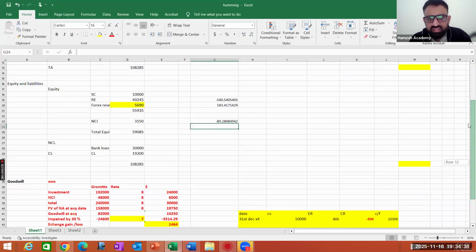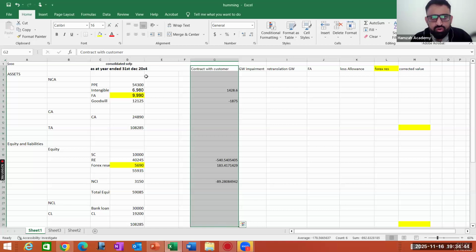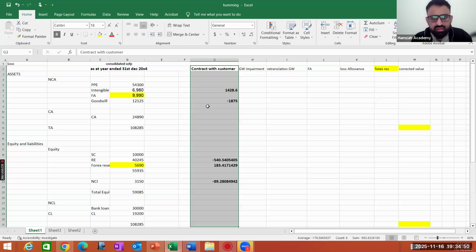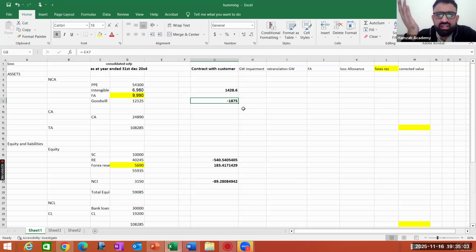So this is the customer contract, a contract with customer which the accountant has ignored in their accounting. This we have accounted for. At the date of acquisition, when we recognize the customer contract, the intangible asset will be debited and net asset at the date of acquisition will be credited, and as a result, goodwill will decrease.